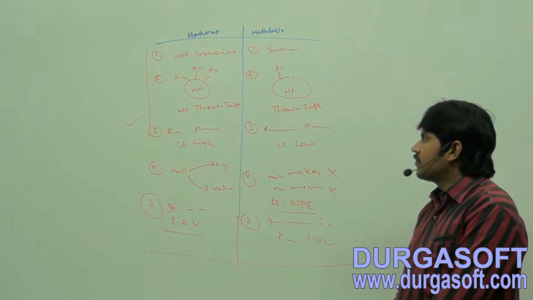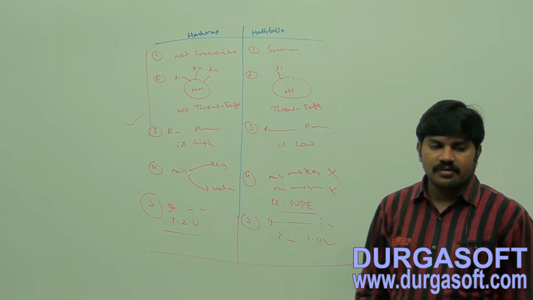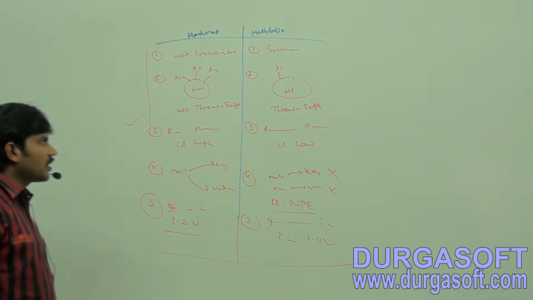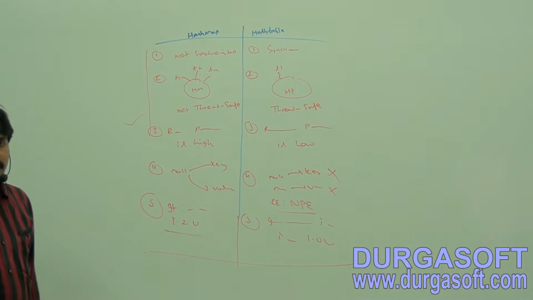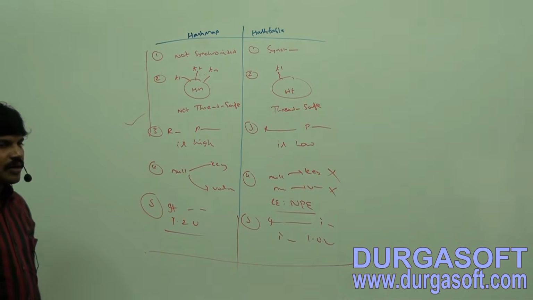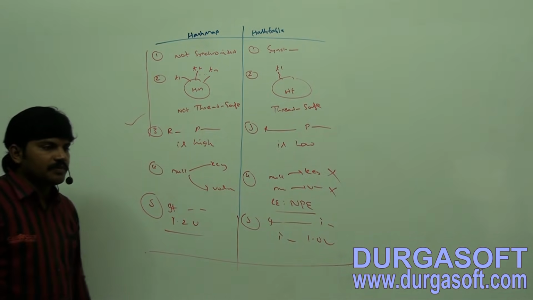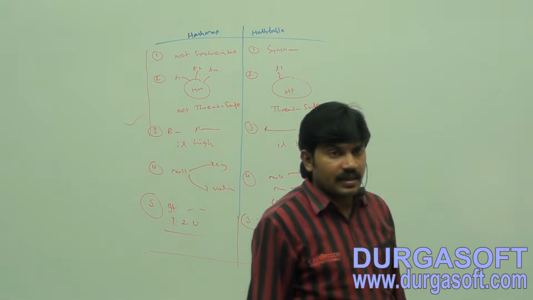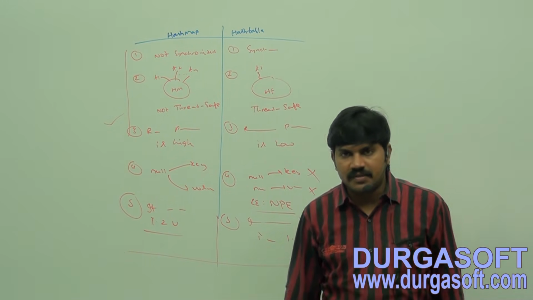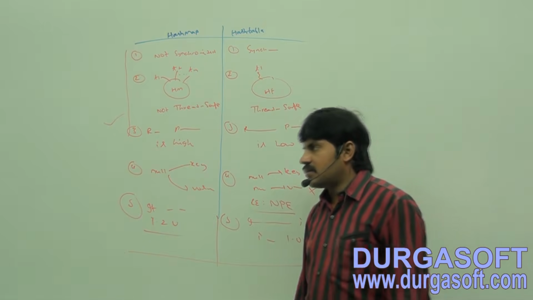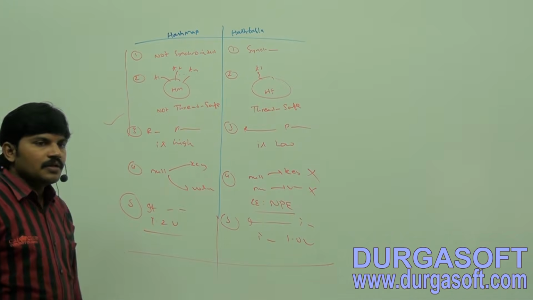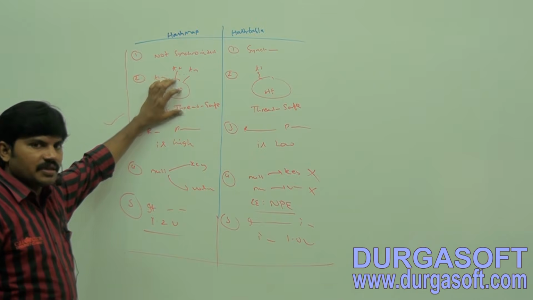On the HashMap side: at a time, multiple threads are allowed to operate on HashMap object, and hence it is not thread safe.